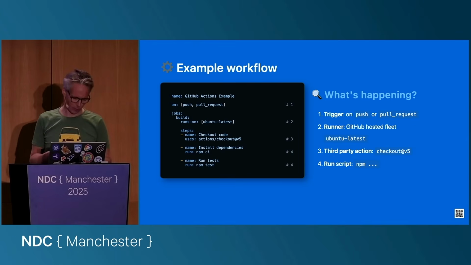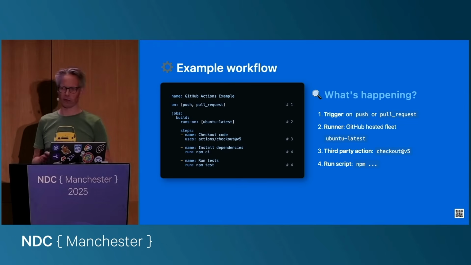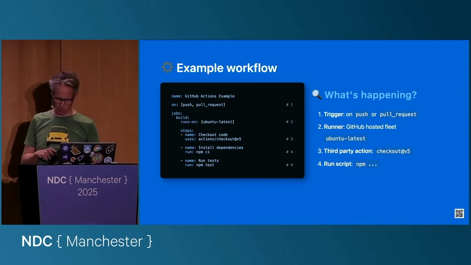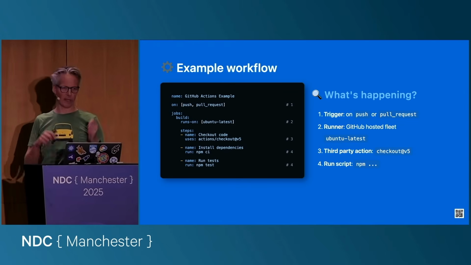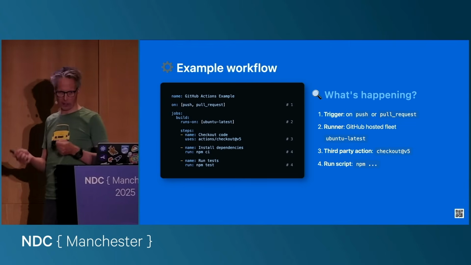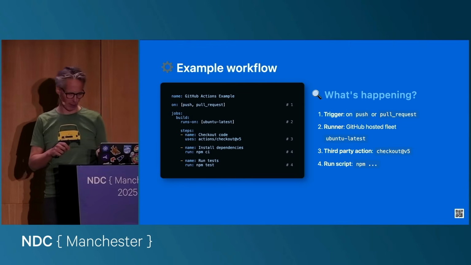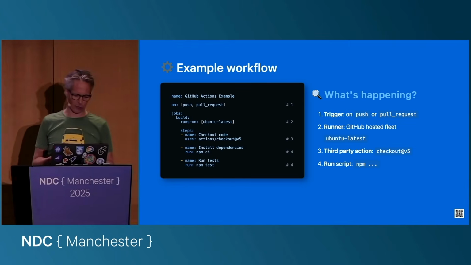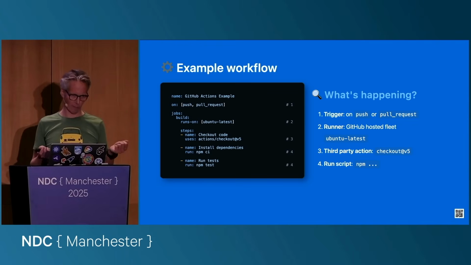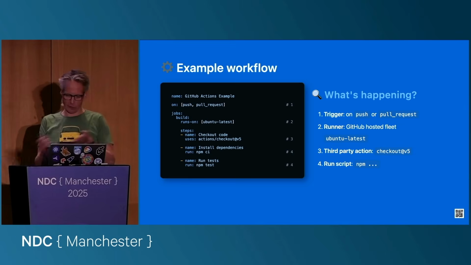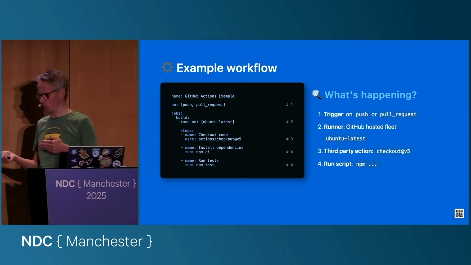On line 3, we see an action is used. That is a reusable piece that you plug in your pipeline. It is some external dependency that you get in your pipeline and run in your pipeline. And then the last pieces are just running a script. In this case npm, but it could be any script. And of course, this is for Ubuntu, but you can also run on Windows or Mac.